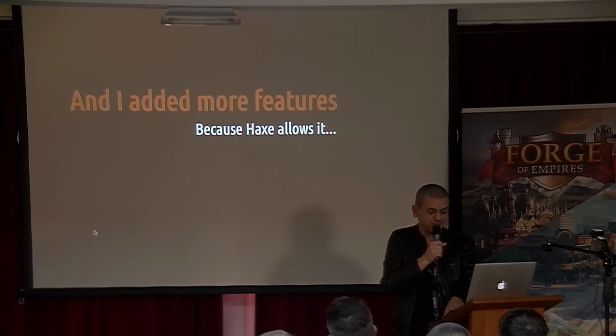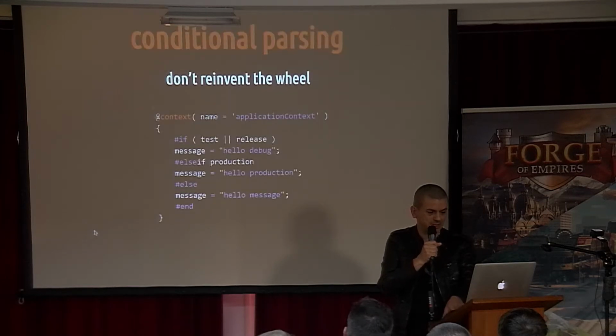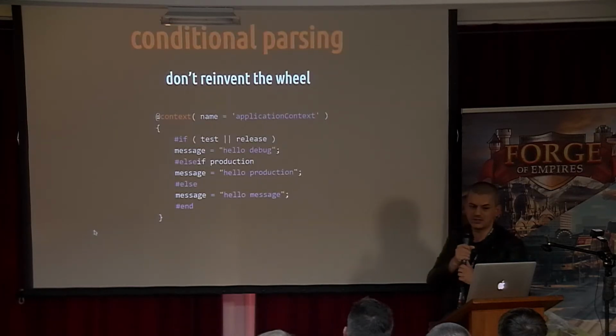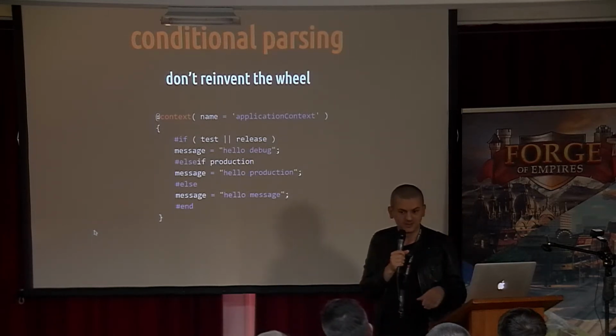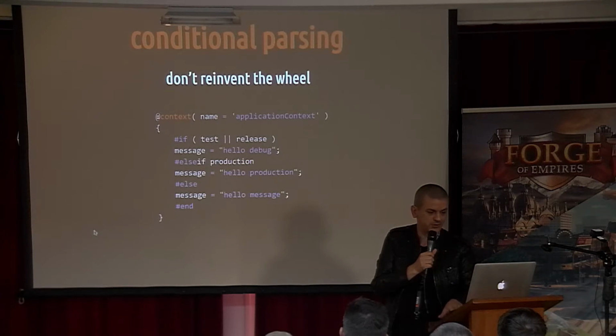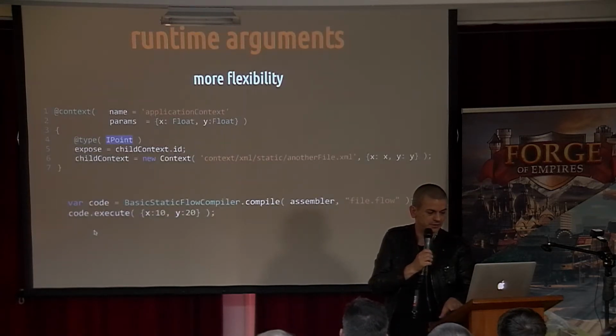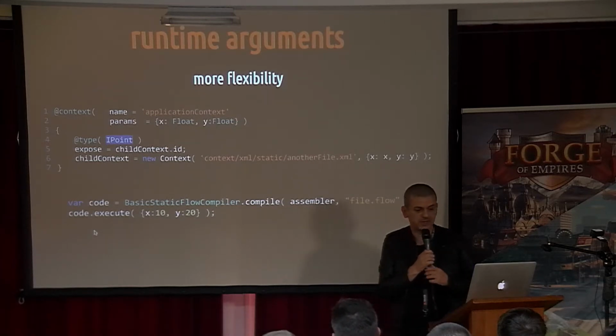And so, just to finish, I added more features because Haxe allows it. I could have conditional parsing because it was already inside the context. I got this feature, so I could use it. I could add more flexibility as well.